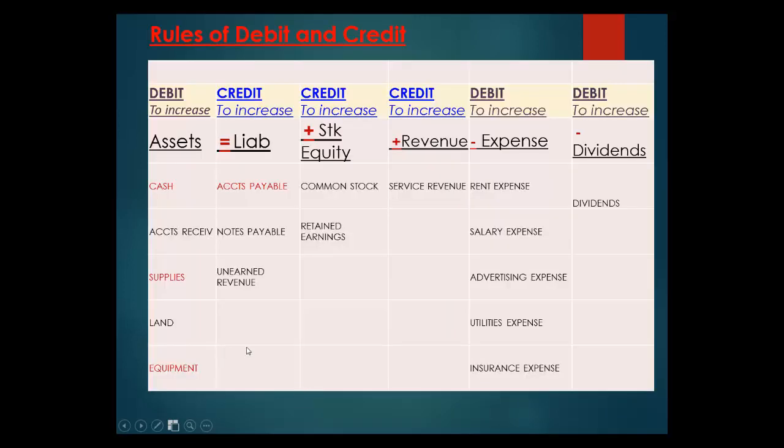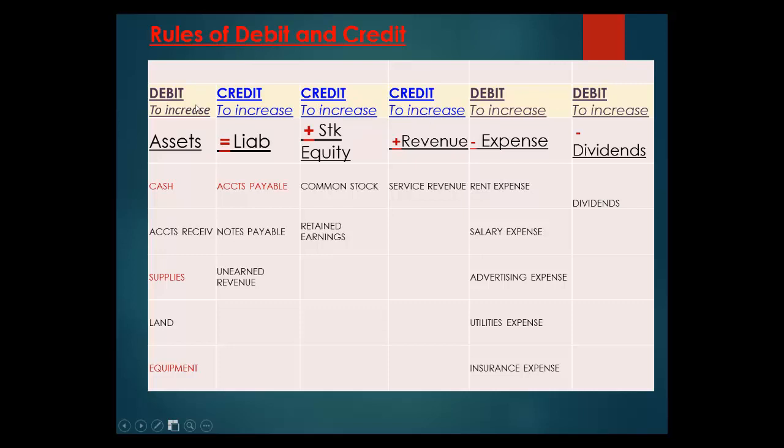So here's a chart with the rules of debits and credits. And you'll recognize this formula again. Assets equals liabilities plus stockholders' equity plus revenue minus expense minus dividends. These are the account categories, and underneath them are the accounts. We don't book journal entries to the account categories. We book journal entries to the individual accounts. So here's the rule. And this is color coded, but debits, debits, debits, credits, credits, credits.